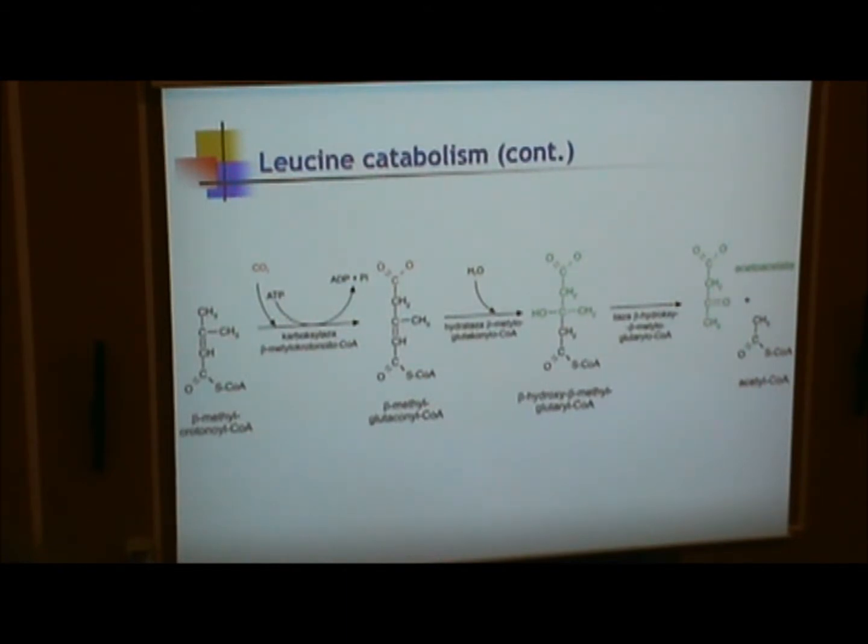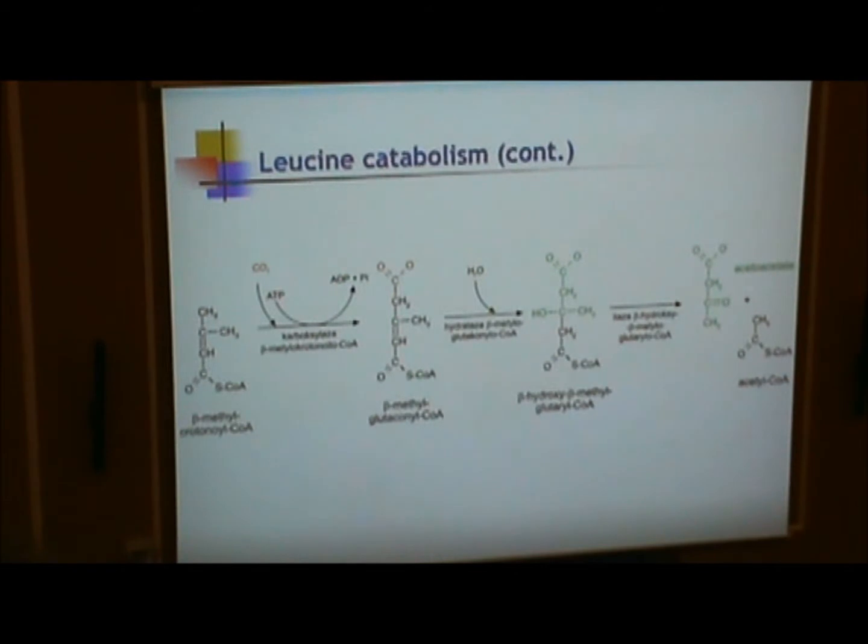Acetoacetate is a ketone body. It may be converted into other ketone bodies, like beta-hydroxybutyrate, or acetone.